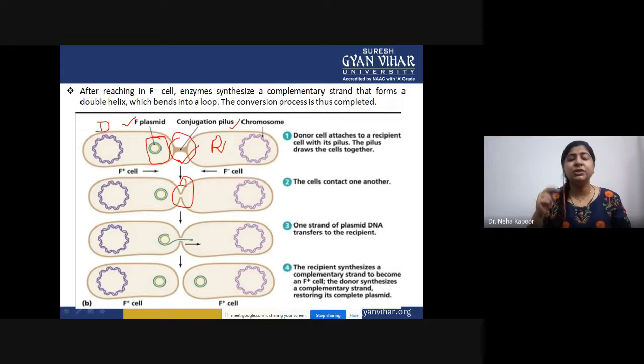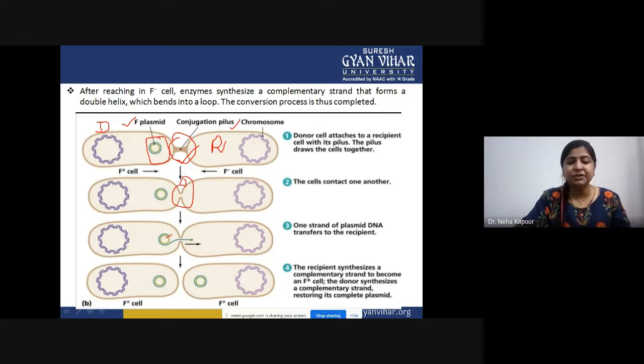The second thing is that it encodes endonucleases that are required to initiate the rolling circle mechanism. So what will these endonucleases do? Endonucleases are enzymes that have the capability to make internal cuts in nucleic acid. So it will make a cut over here. Because of this cut, one strand of this F plasmid will transfer from donor to the recipient.